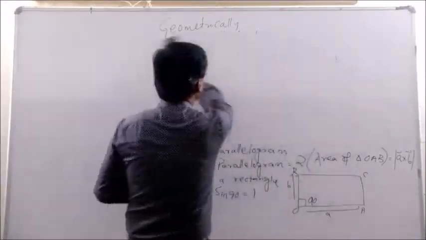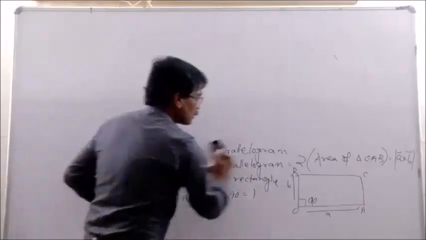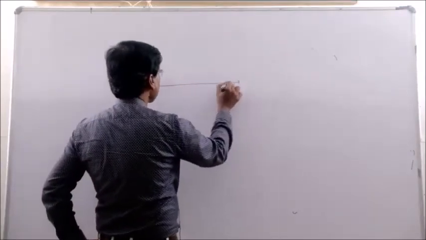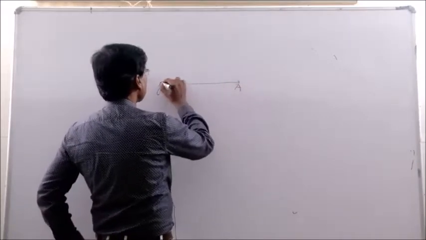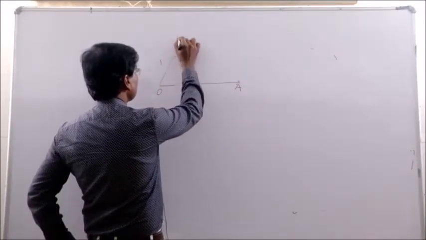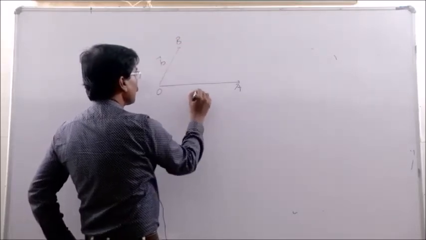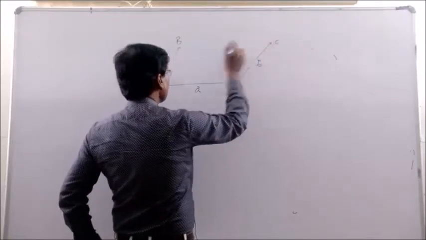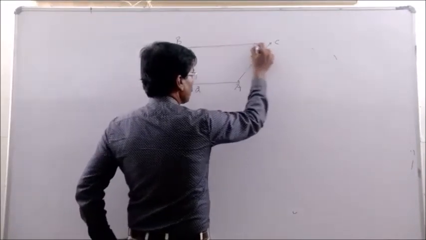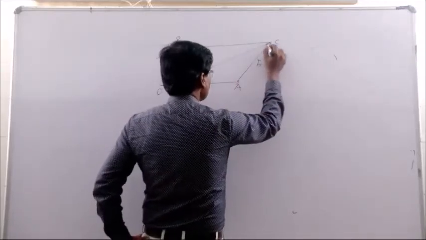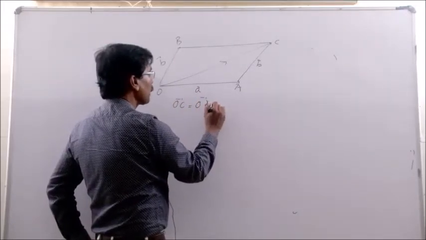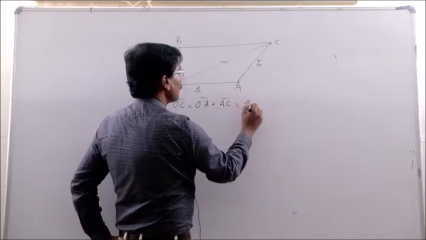Next we consider the parallelogram OACB, with sides OA and OB, that is A vector and B vector. So this is parallel to C, both are parallel, that is B vector. So join this. So OC is the resultant vector of OA plus AC, that is equal to A plus B vector.